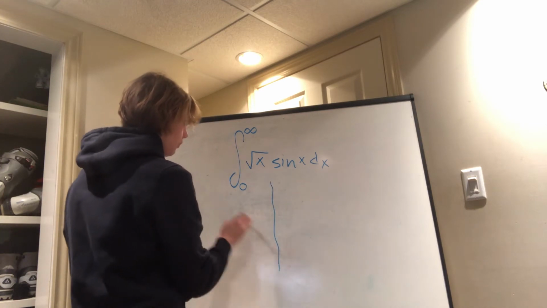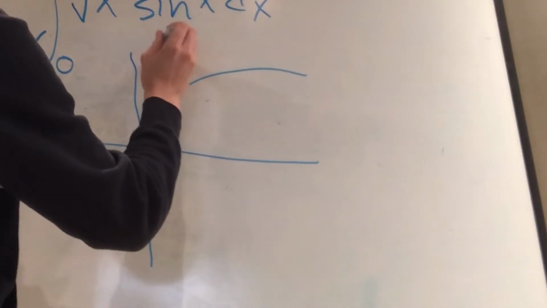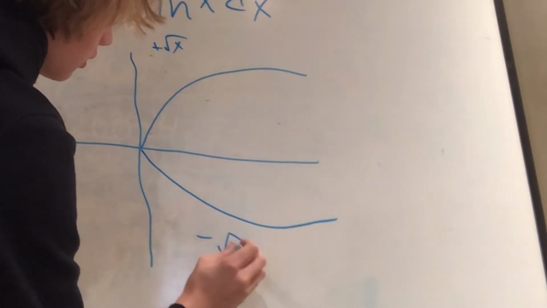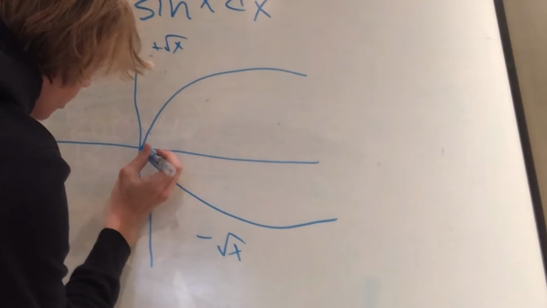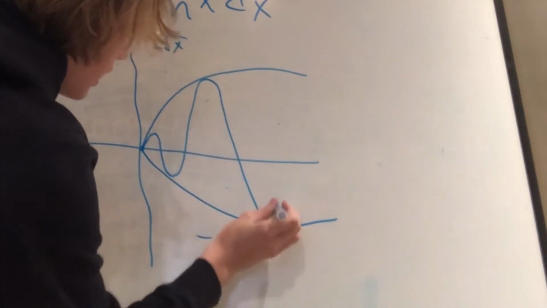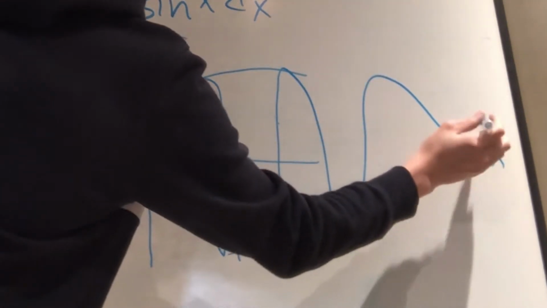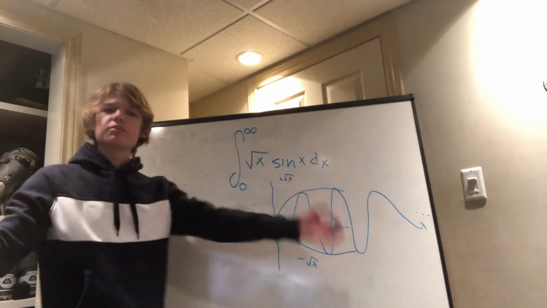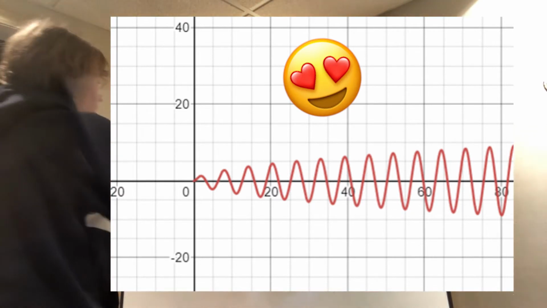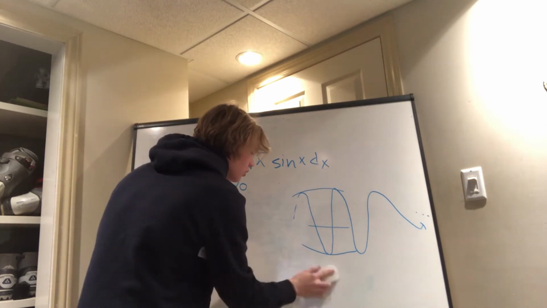And you can see it's wiggly because if you graph it, this is positive square root of x, this is negative square root of x, and then our sine will start here and bounce between them, getting ever so wigglier and wigglier off into infinity. I'll probably put the Desmos graph up here so you can see the full squiggliness of it. So, how would we go about solving this integral?